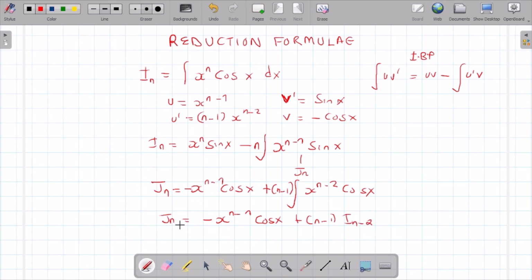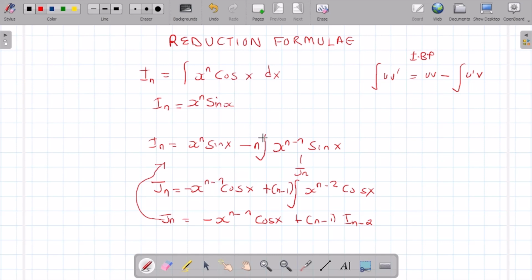Now let's resubstitute. So we go back to this stage here. So let me just take care of this top part to give ourselves enough room. Great. So I of n has to be equal to, now this part is going to be here, x to the power of n sine of x. Now it is minus n multiplied by j of n. So minus n multiplied by minus x to the power n minus 1 cosine of x.